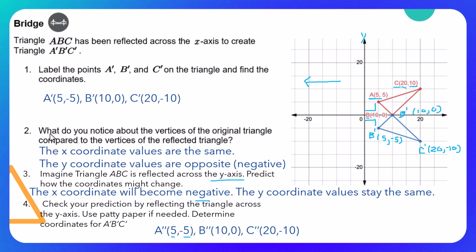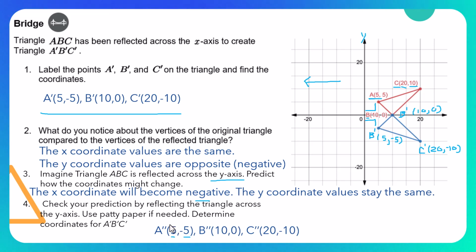Okay, that was what happened when we reflected across the x-axis. So I think that this is going to be negative 5. The y is going to stay the same. The x is going to change, and the y is going to stay the same.